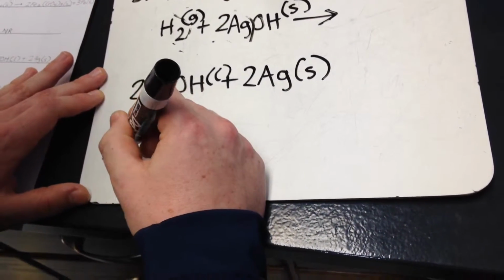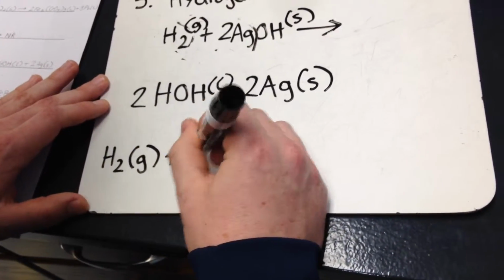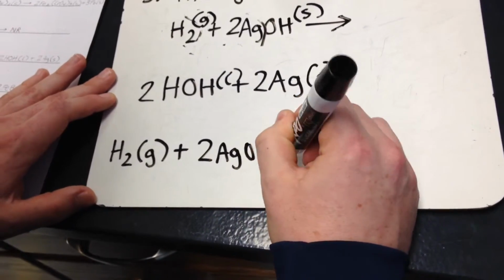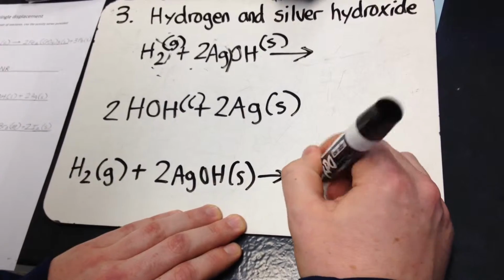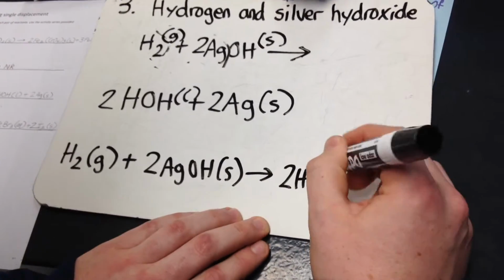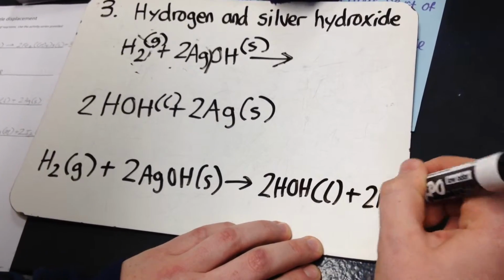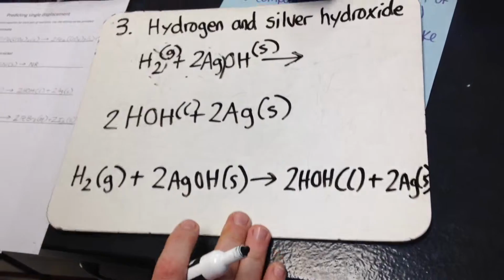Your final answer is H2, which is a gas, 2 AgOH solid yields 2 HOH liquid plus 2 Ag. That is a solid. Sorry for that.